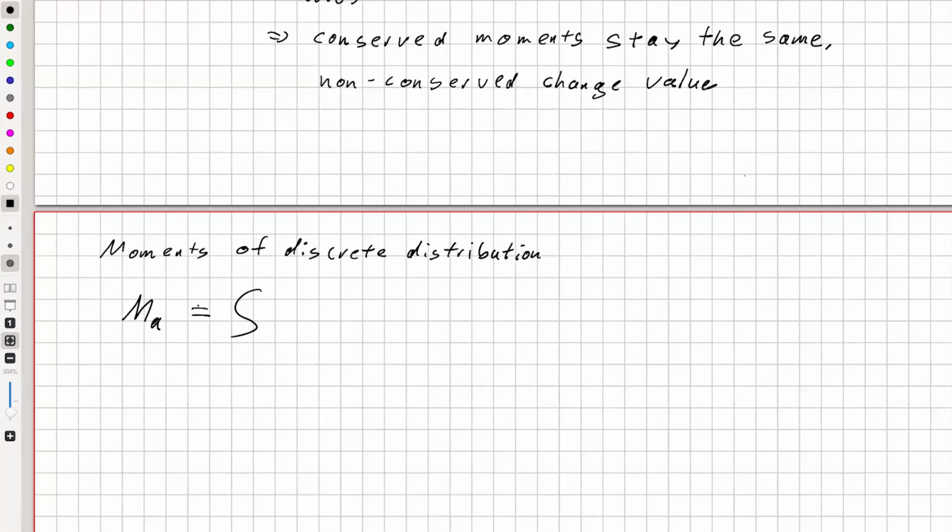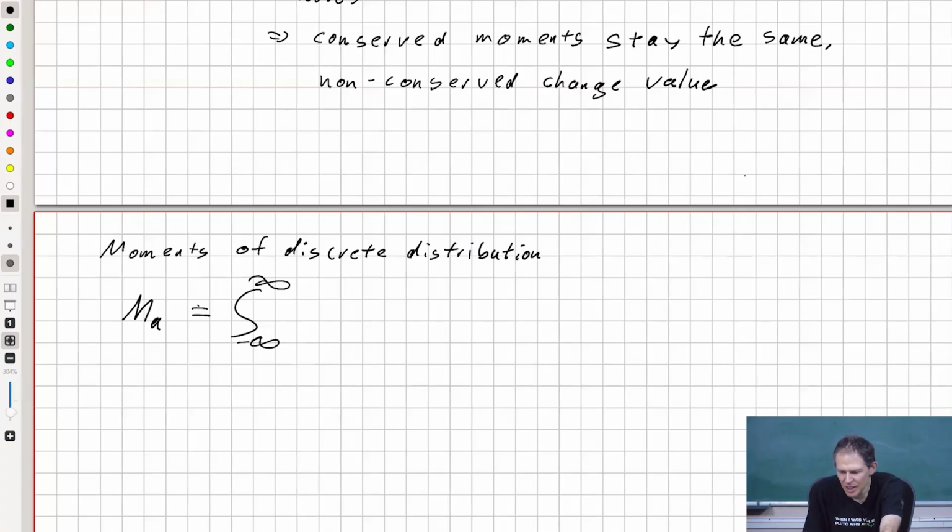So we have, of course, this integral from minus infinity to infinity over this discrete distribution function. How would we write the discrete distribution function? It is a sum of the discrete populations Fi, and they are located at Xi minus Ci, and this comes in with a Dirac delta function.